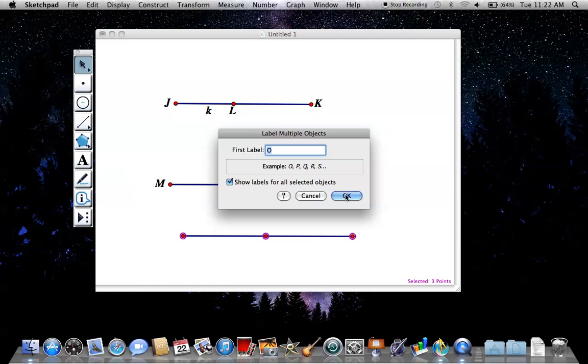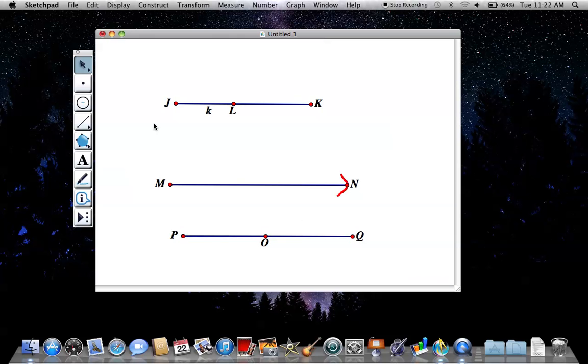So I have ray OQ, that's one ray going to the right. And then I have ray OP going to the left. These are opposite rays. Ray OQ and ray OP form a line. Their common endpoint would be O here.